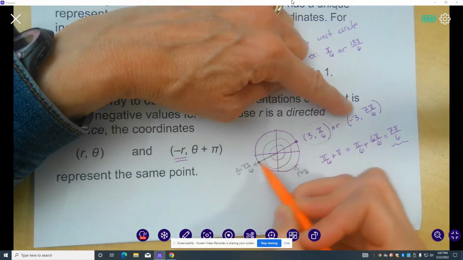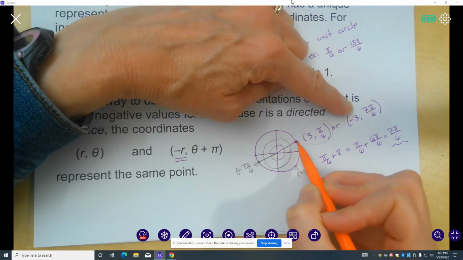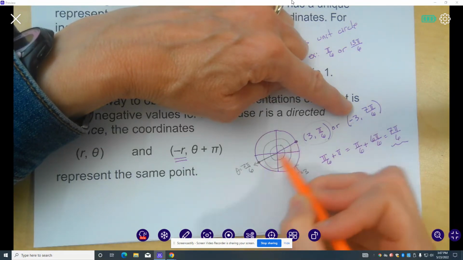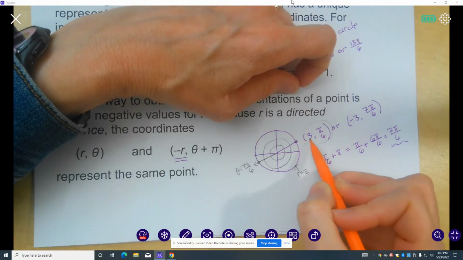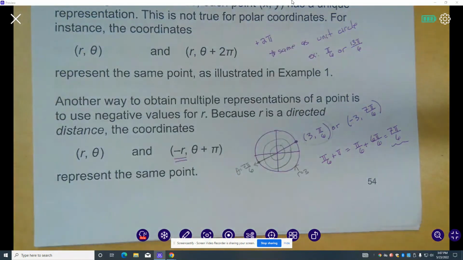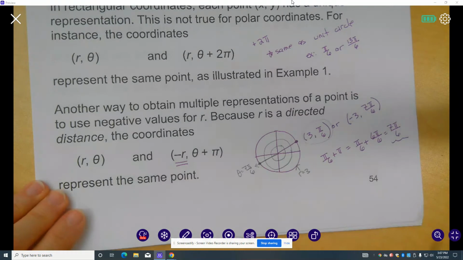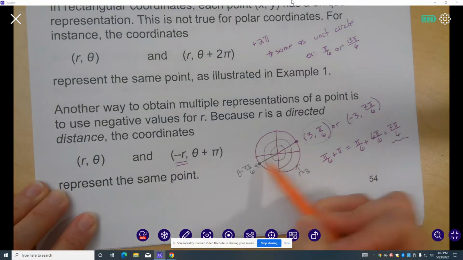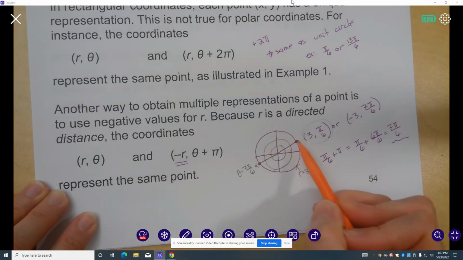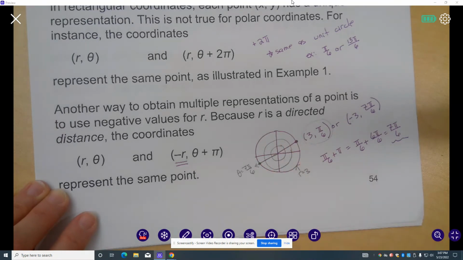What the negative means is flip it over to this side. So this point, negative 3, 7 pi over 6, is graphed in the same position as positive 3, pi over 6. That's probably one of the weirdest things to get used to for polar coordinates. So what you want to think is find the angle. If the r is negative, flip the angle 180 degrees over. That's where your point is.